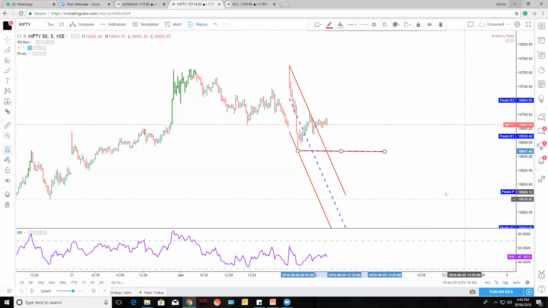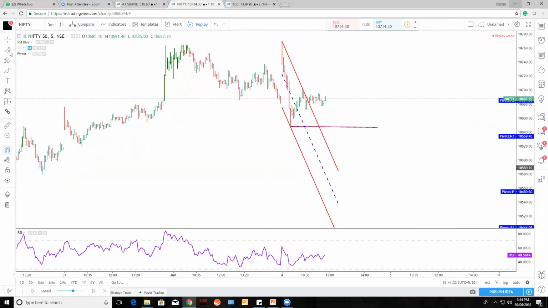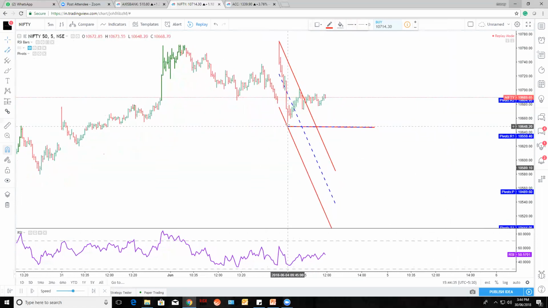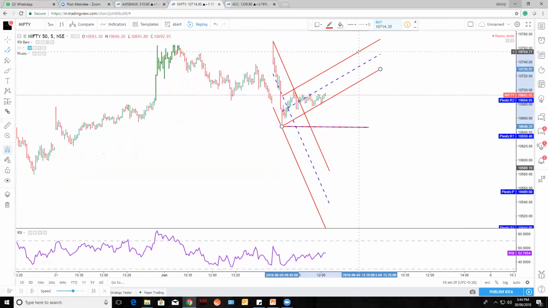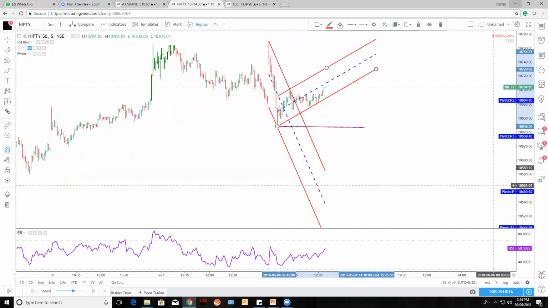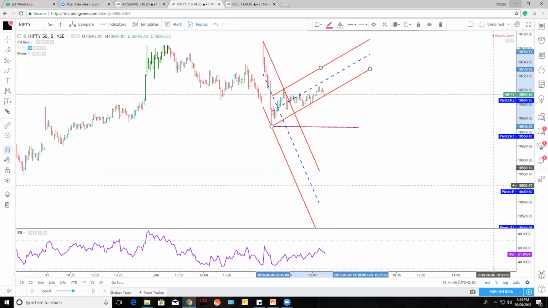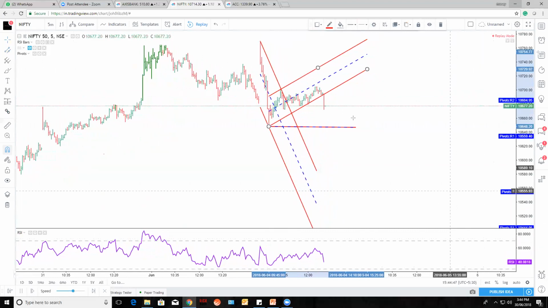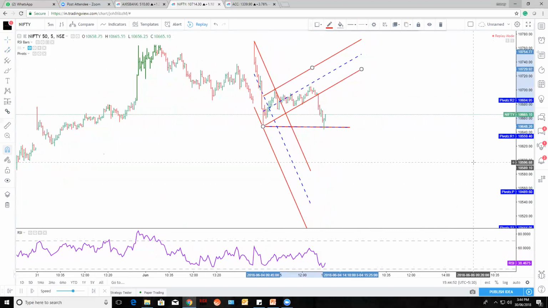Let's see what happened further. So this is one more sideways channel we got, right? Let's see how further it will go. It has to fall, because there is a low. See, right?